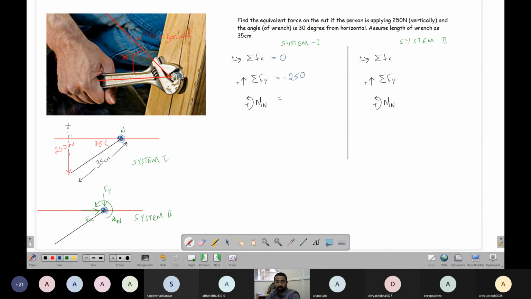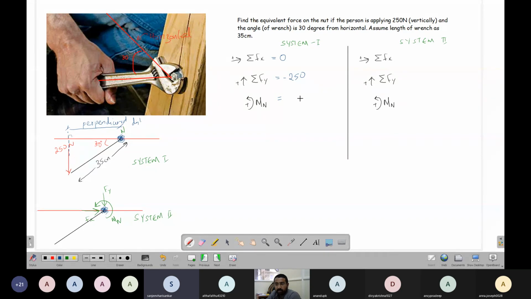If you transfer this force to this point, this is the distance. This is your perpendicular distance. So you know this: 250 cos 30, 35 centimeters. No sir, the perpendicular distance is 250 cos 30, right? What is 250? Force. Here it is the force; we are not finding the distance. Oh sorry, 35 cos 30.